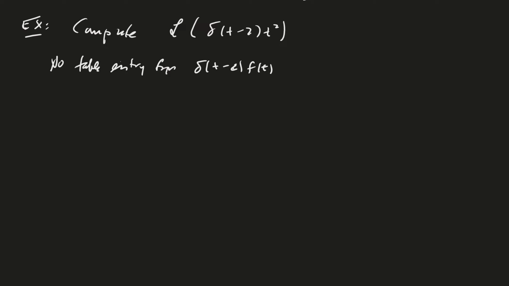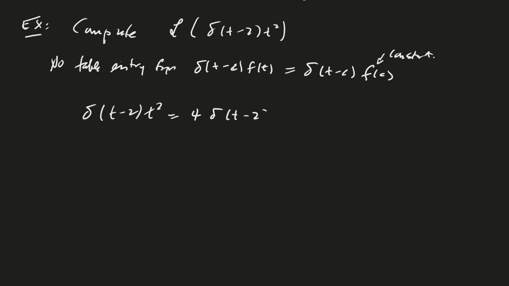Do you remember the reason for that? That's because this is equal to the Dirac delta function times f of c, and so this is now a constant. And so rather than taking the Laplace of t squared here, that's just going to be 4 times the Dirac delta.